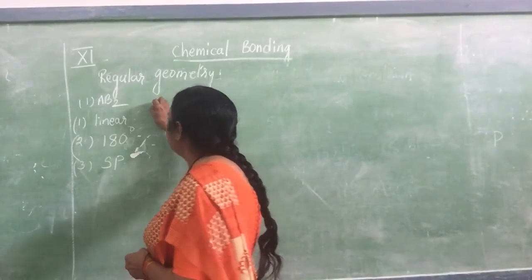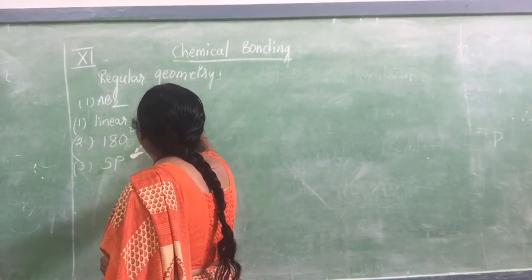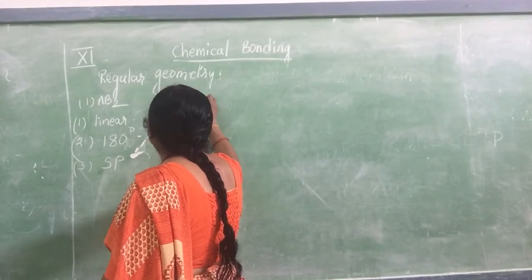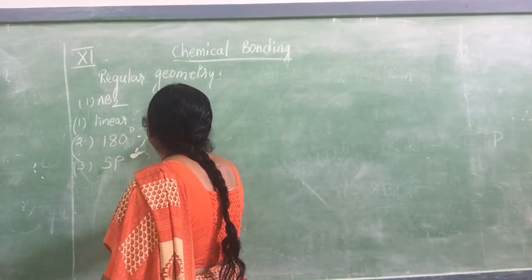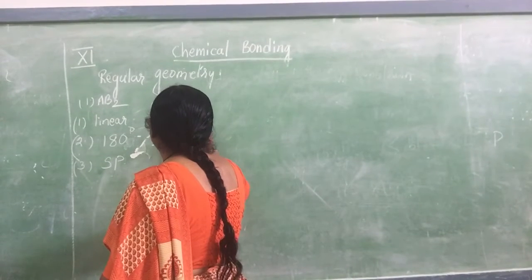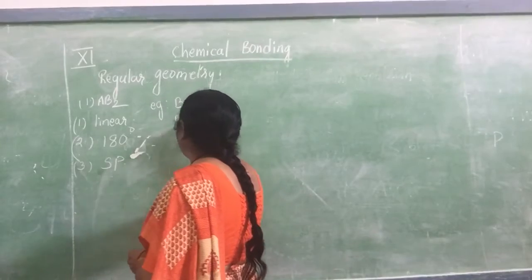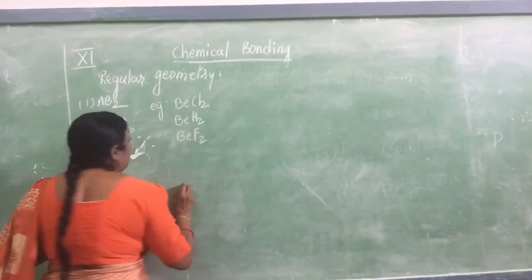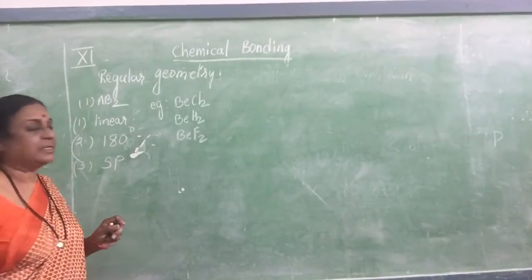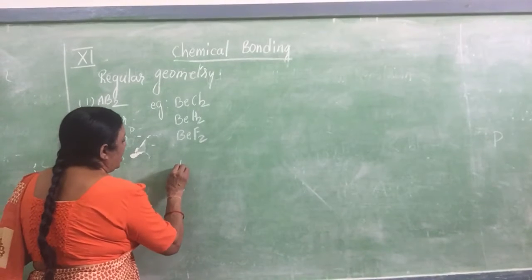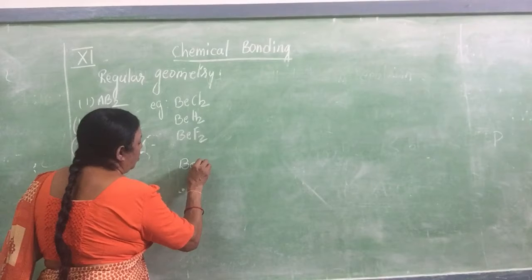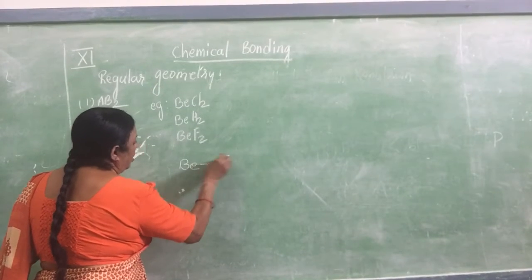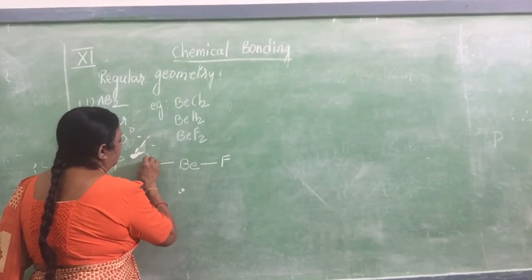Now examples are BeCl2, BeH2, BeF2. Clear, children? Linear. How will you draw the structure of a linear molecule? In the center, beryllium is there, followed by two fluorine atoms.